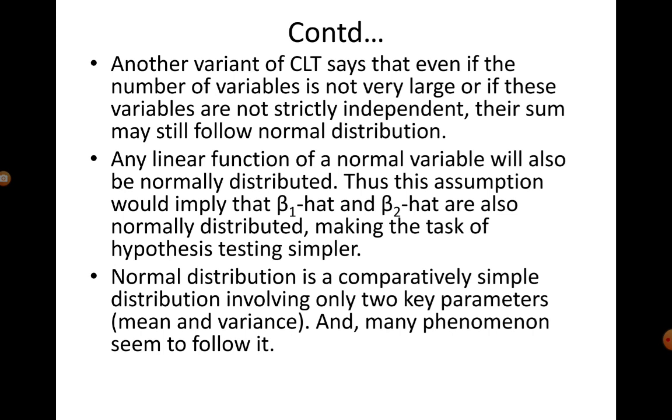Another advantage of assuming a normal distribution is that it is a comparatively simple distribution with ideal and very easy to handle conclusions. It can be described using only two key parameters, the mean and the variance, right?